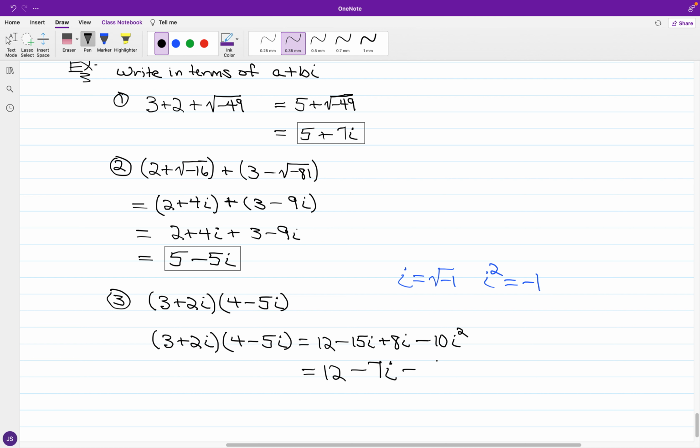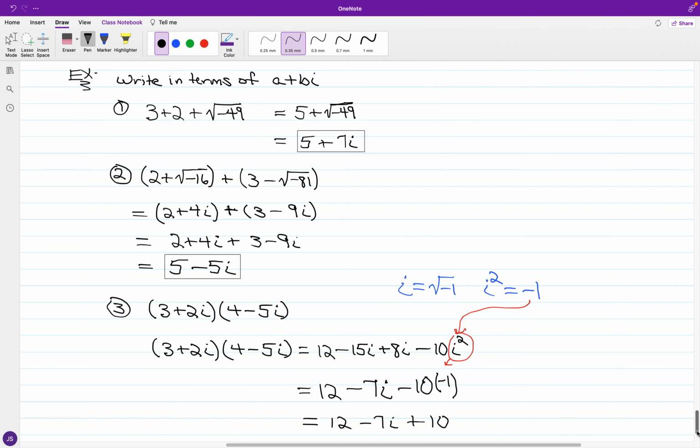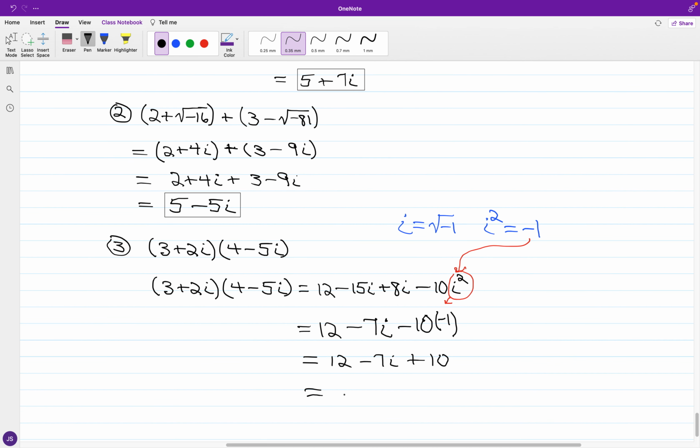And in terms of what to do with the negative 10i squared, guess what? i squared is equal to negative 1, so negative 10 times i squared translates to negative 10 times negative 1. So we have 12 minus 7i, and negative 10 times negative 1 is a positive 10. For this result, 12 plus 10 comes out to 22.